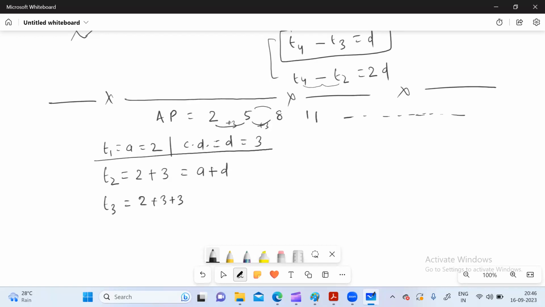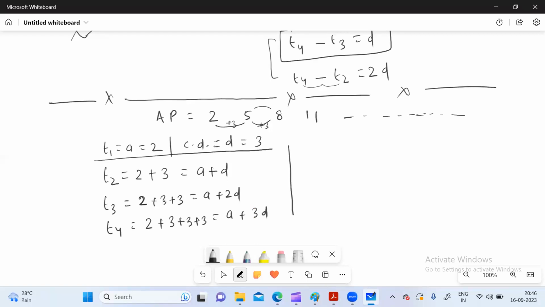So first term plus 2 times the common difference gives the third term. T4 is 2 plus 3 times the common difference. It is A plus 3D.